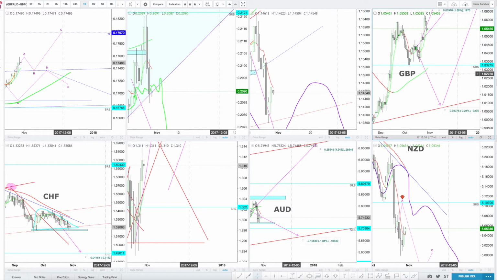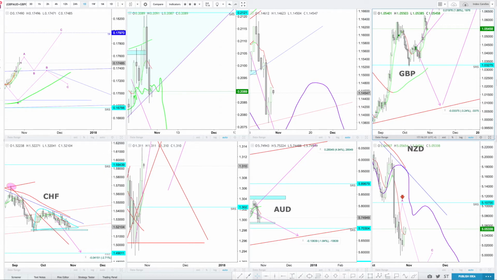Let's see, we have NZD JPY going down, and then we have CAD JPY going down, and we have, what else? British pound New Zealand going up. I think that's it. All right, so quite a few pairs.